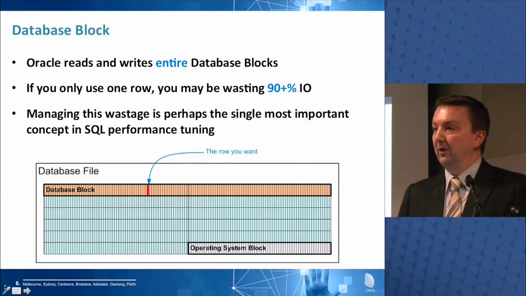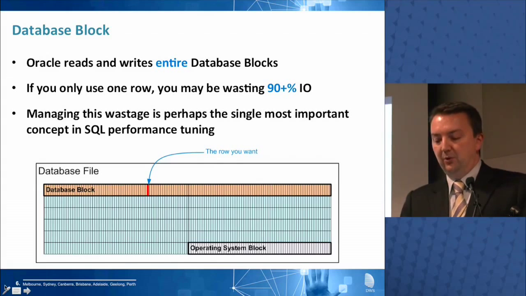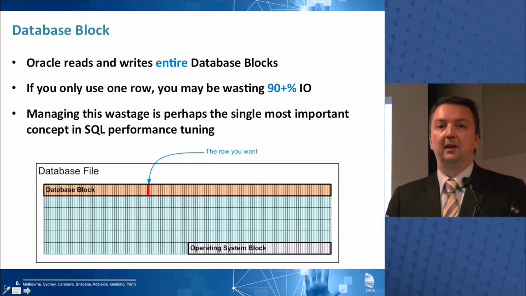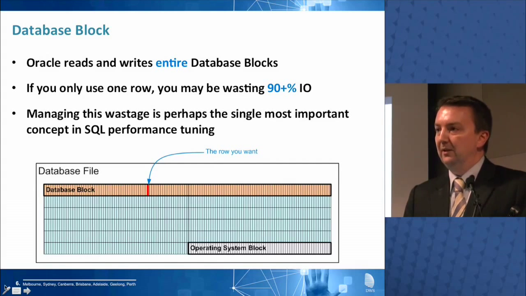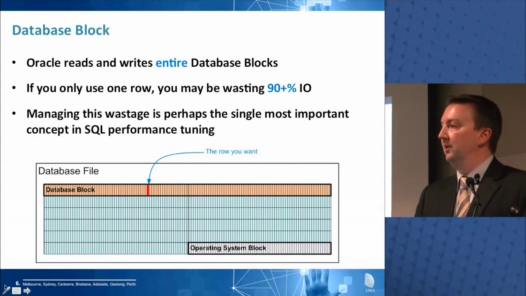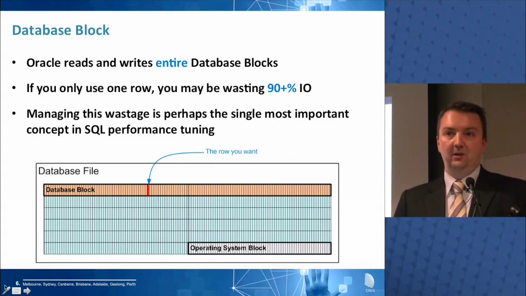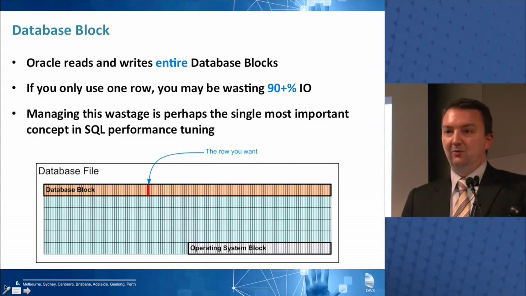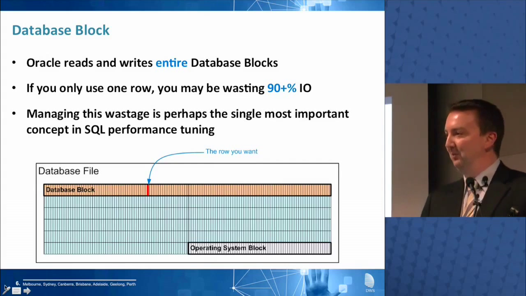You may be reading a lot of rows that you're not using, and this is one of the most important concepts in SQL tuning: eliminating or minimising this wastage, the rows that you read from a block that you don't actually want. So ideally, if you're reading a block, it would be great if you need lots of rows. Wouldn't it be great if those lots of rows were actually on that block that you read? Then you wouldn't have to read multiple blocks.